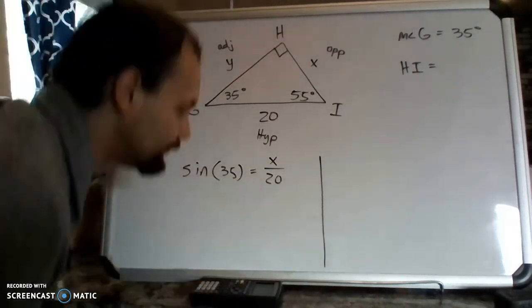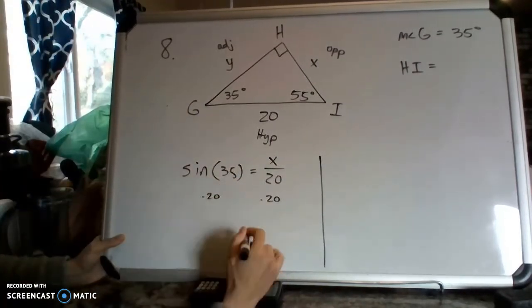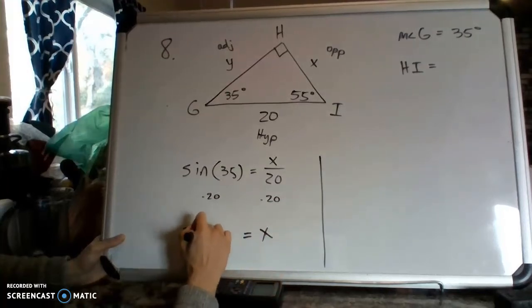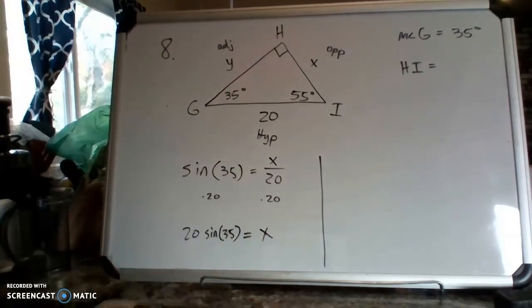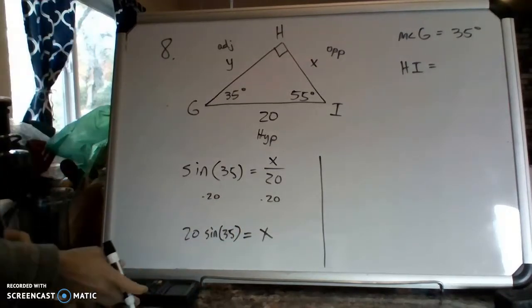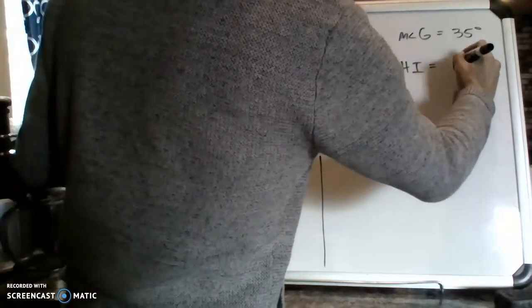Solving for X here, just multiply by 20 on both sides. So X is going to be equal to 20 times the sine of 35. Get your calculators out. Check that answer. If we round it off to one decimal place, this answer is going to come out to be 11.5.